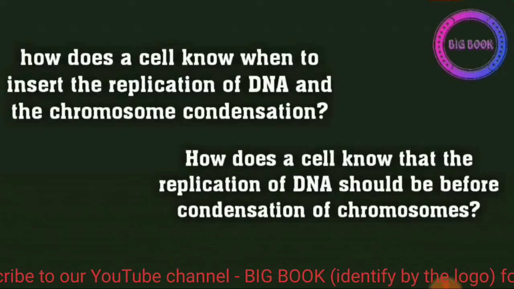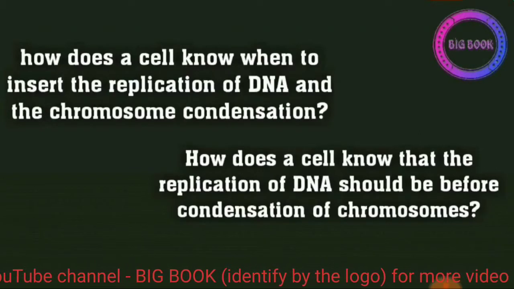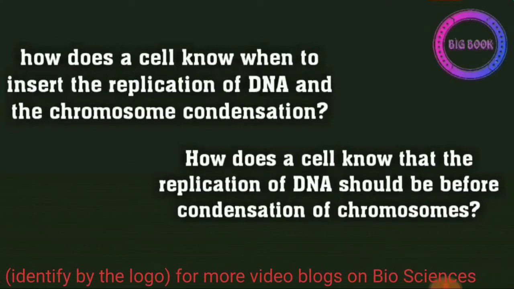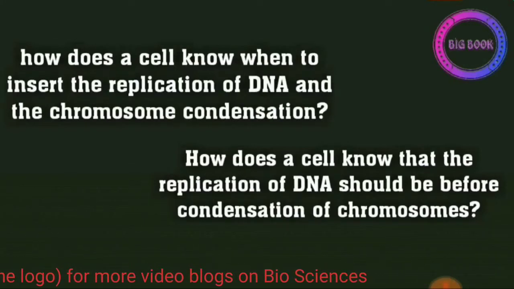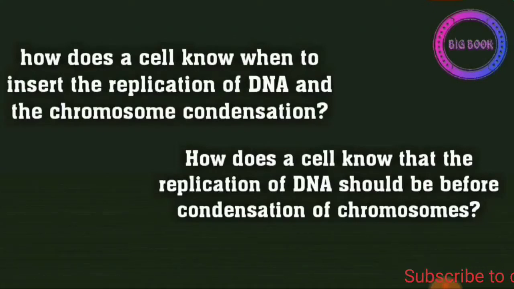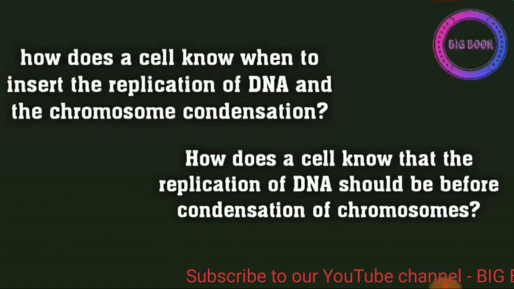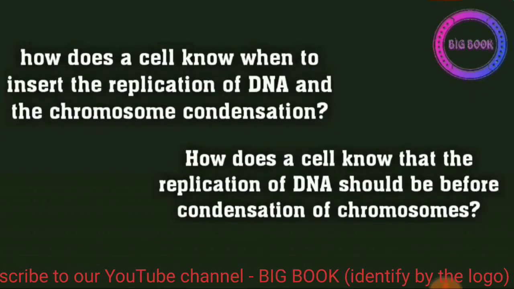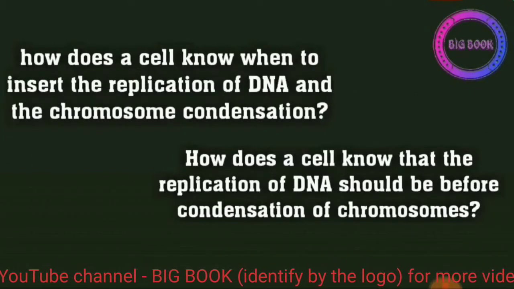How does a cell know that the replication of DNA should be before condensation of chromosomes? There should be some signaling mechanism that leads to this differentiation, with the replication of DNA happening first and the condensation of the chromosomes later.